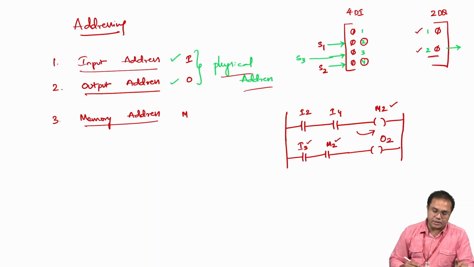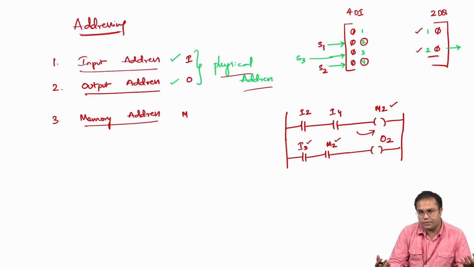And when it comes to the addressing, there are different makes of the PLC: Siemens, Allen Bradley, Schneider, and so on. Every manufacturer will follow their own system, right? What we're discussing here is a generic ladder logic programming.